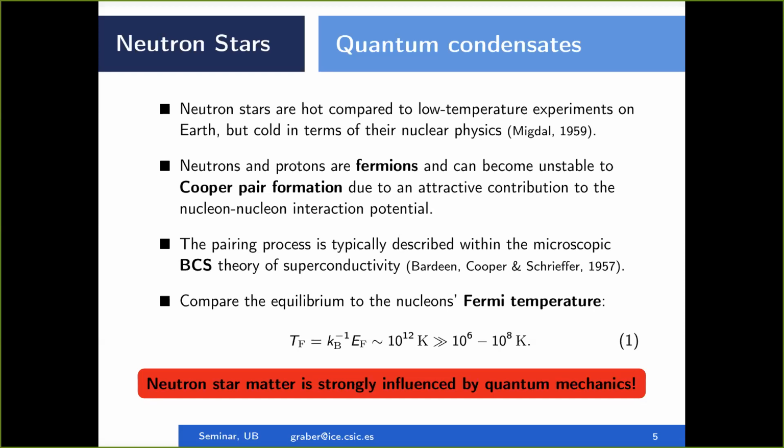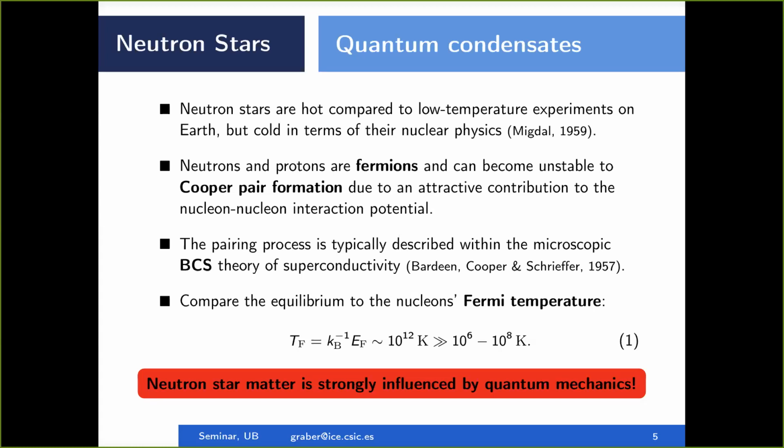It's also a function of where you are in the star. And the whole process is typically described, to first order, with the standard microscopic BCS theory that people have also applied to the laboratory systems that form these quantum condensates under similar conditions.